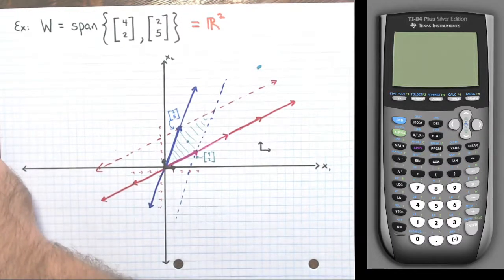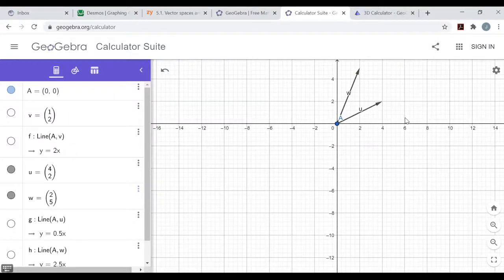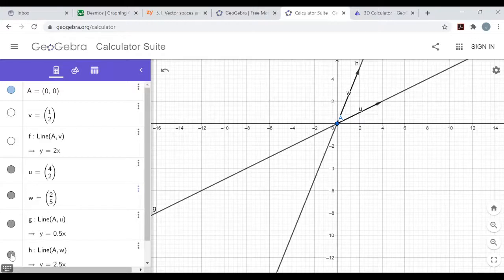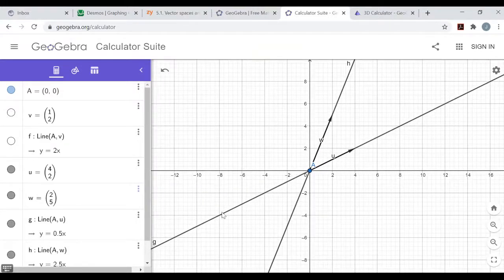All right, and again, back to the website. Here's 4, 2 again. Here's 2, 5, like I mentioned. And just put the lines with those in. Those would be like the new axes. This would be a new axis, and this would be a new axis.